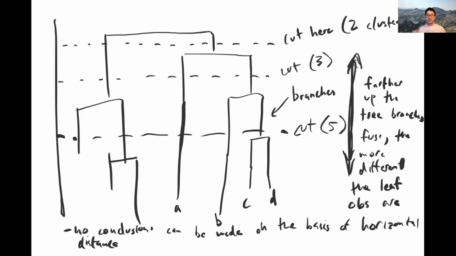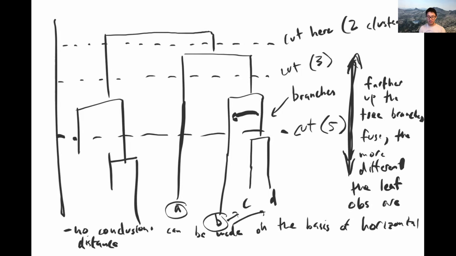But you can't say anything about horizontal distances. And so you may say that it looks like B is closer to C and D horizontally, and therefore B is more similar to C and D than A is. But what you have to remember is that there are a bunch of different permutations that I could have drawn the tree without changing anything.